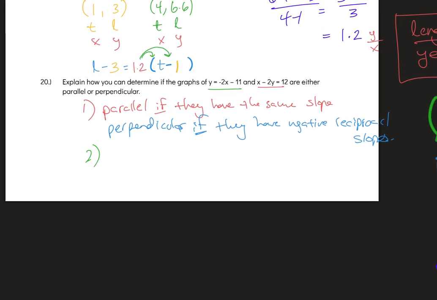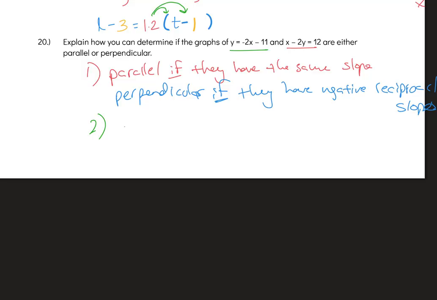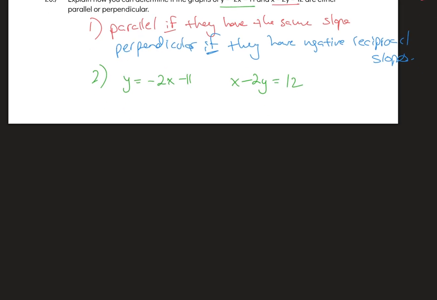Okay, so that was my first thought, but I'm guessing that number 2 is going to be like, not only just explain how, but do it. So we have y equals negative 2x minus 11, and x minus 2y equals 12.